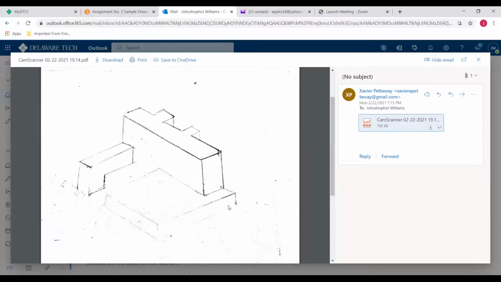Okay, and I think that this line is 30 degrees, but this line here is off a little bit. You see how the height of the wall here is different than the height of the wall there? That's because this line here is not on 30 degrees.